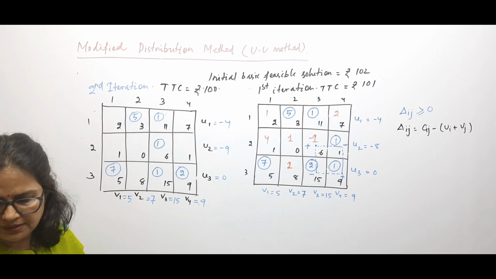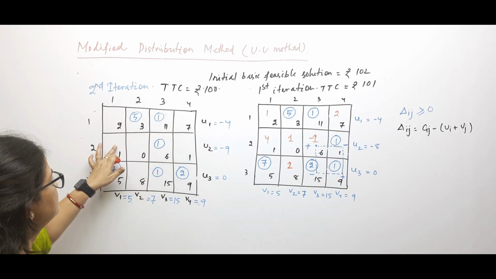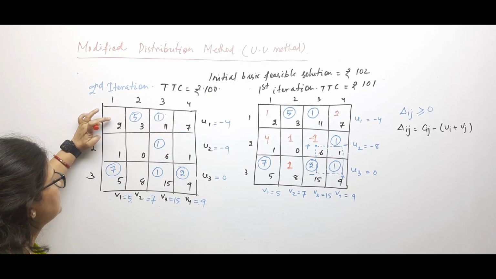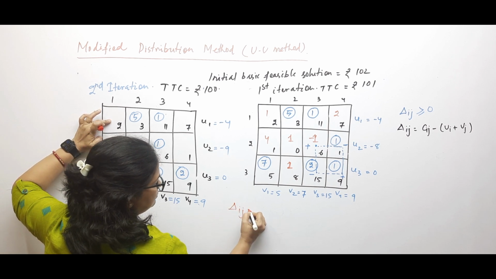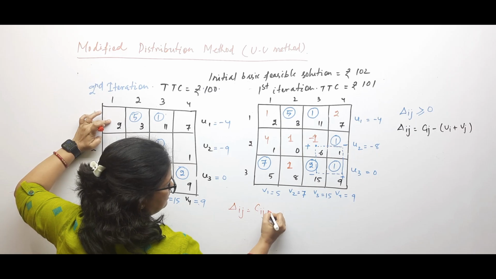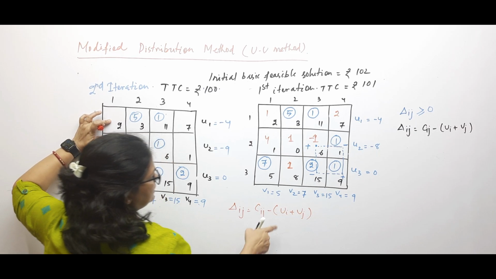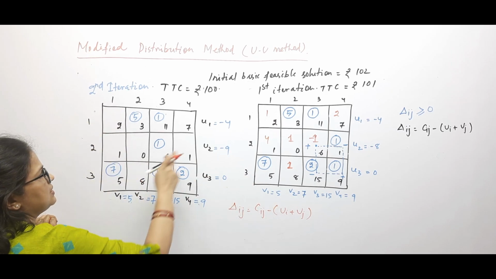Let us calculate the delta value for the unallocated cells. Now this is our unallocated cell. What is delta? Delta is calculated as delta equal to Cij minus (Ui plus Vj). So let us first add Ui plus Vj, then we can subtract from Cij.